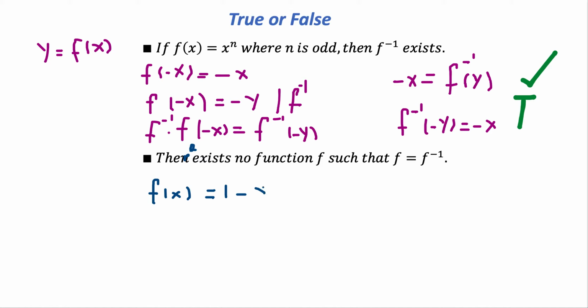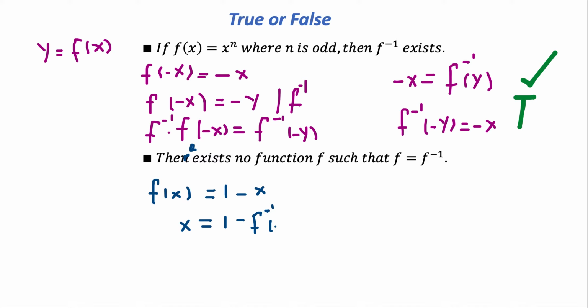And if we apply the rules to find the inverse function, let me apply it simply and shortly. Instead of x, x is equal to 1 minus y, and instead of the y I can write the inverse function.